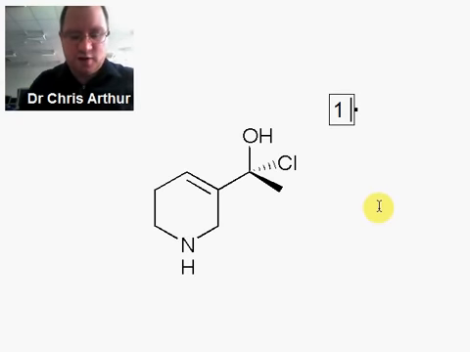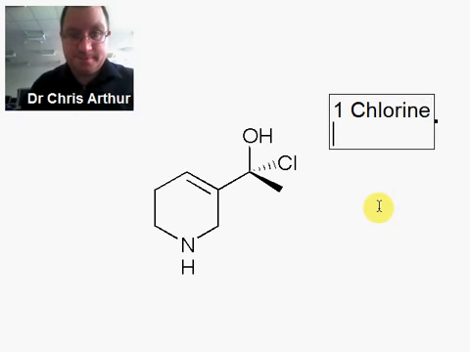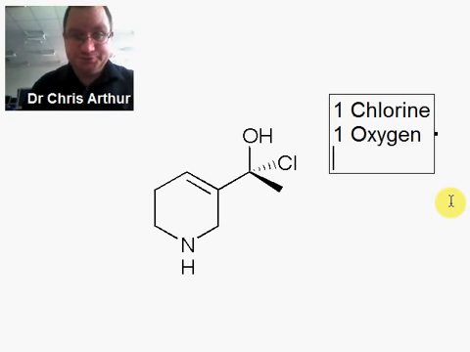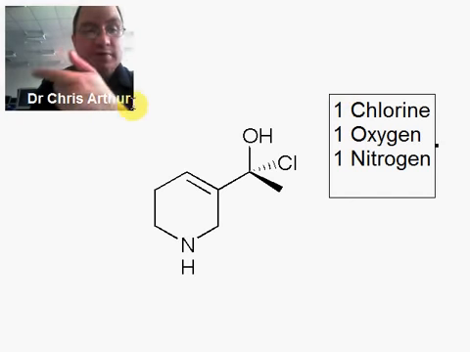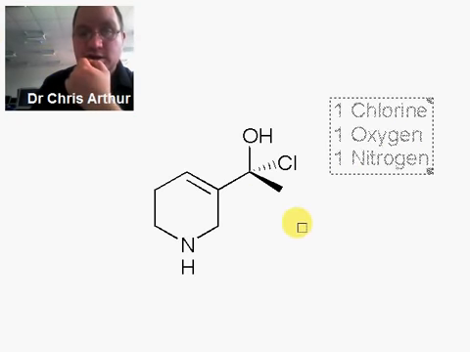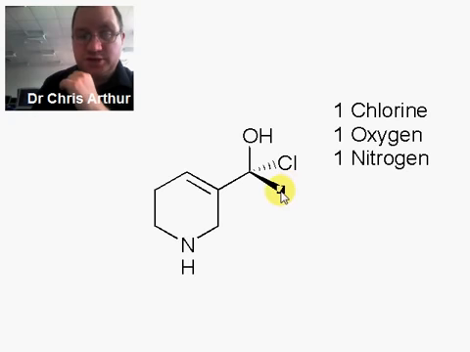So we have 1 chlorine, that's here, the Cl group. We have 1 oxygen here, and we have 1 nitrogen. Now we're going to count the number of carbons. So we're going to start here and go 1, 2, 3, 4, 5, 6, 7 carbons.